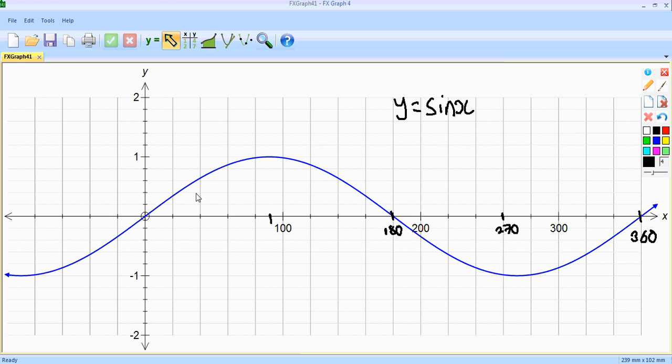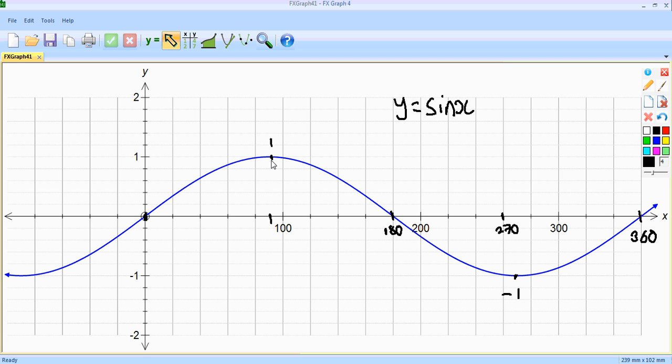A couple of points to note: on the y-axis it crosses at 0. Then it goes up to a maximum of 1, back down to 0, and then down to a minimum of -1.